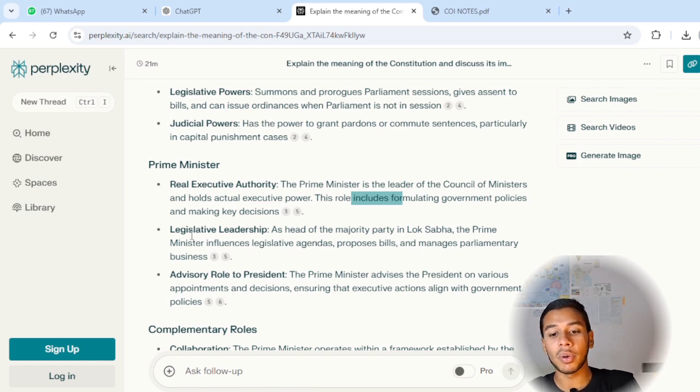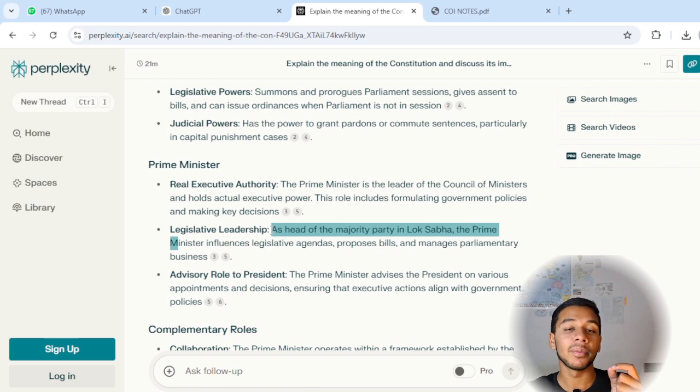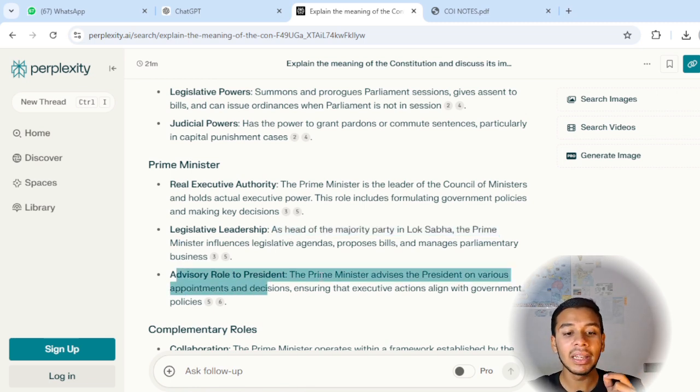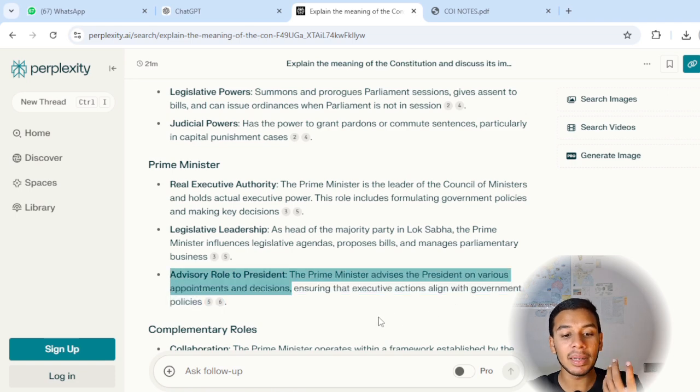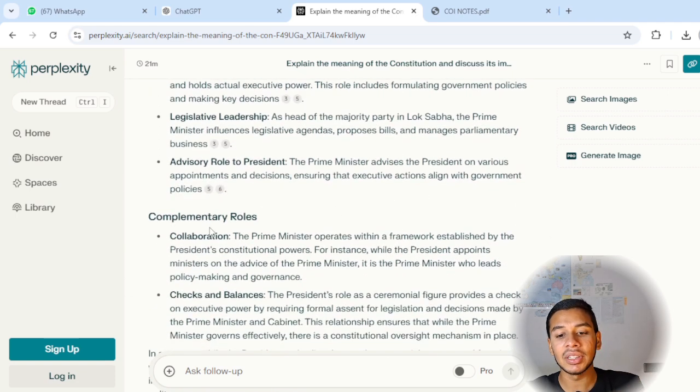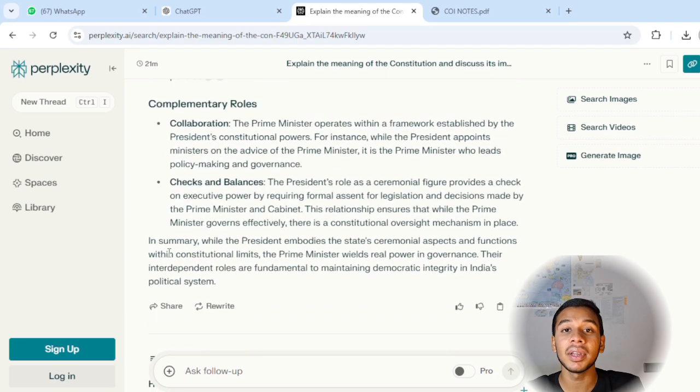This role includes formulating government policies and making key decisions while being in the government for the state. Second one would be legislative leadership. Third one would be the advisory role to the President. The Prime Minister advises the President on various appointments and decisions, ensuring that executive actions align with government policies.